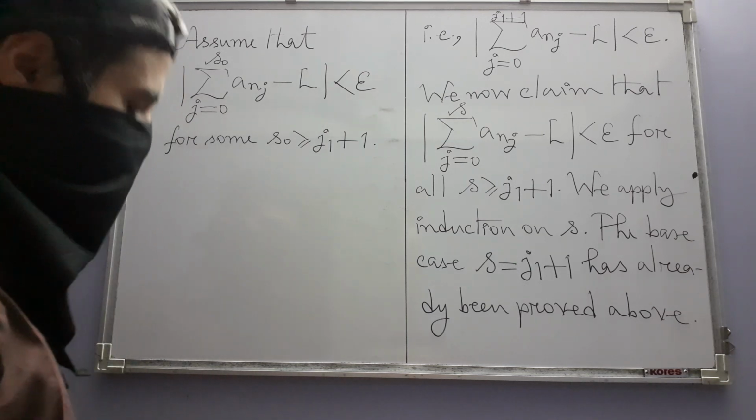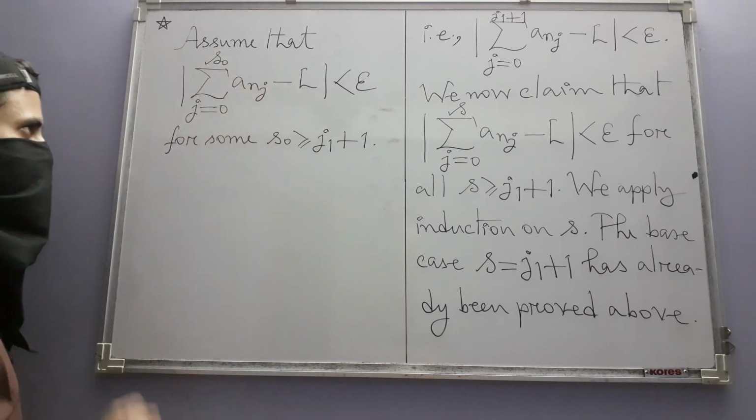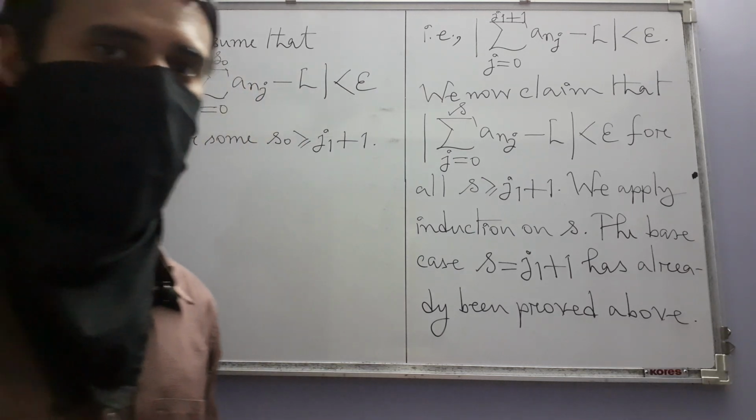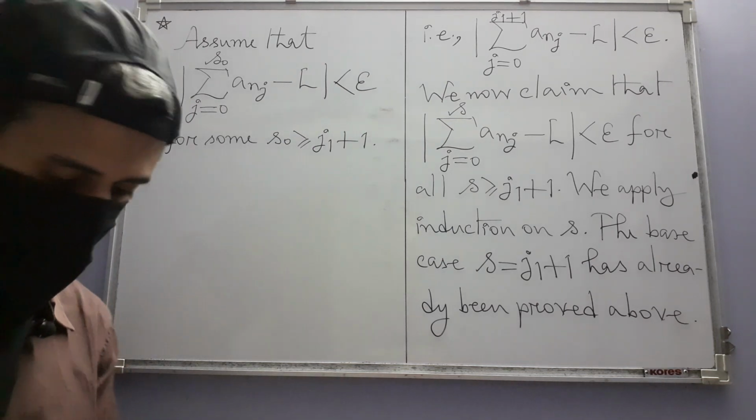Now we want to prove the same inequality, the similar inequality where we have S naught plus 1 in place of S naught. So let us now see how that can be done.